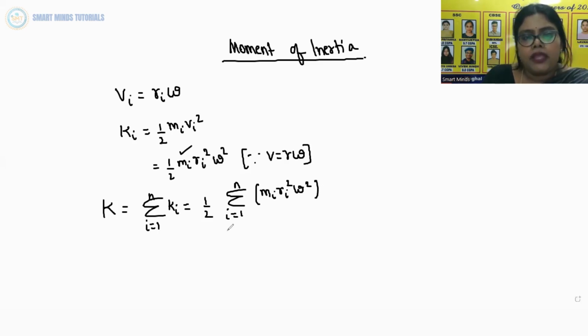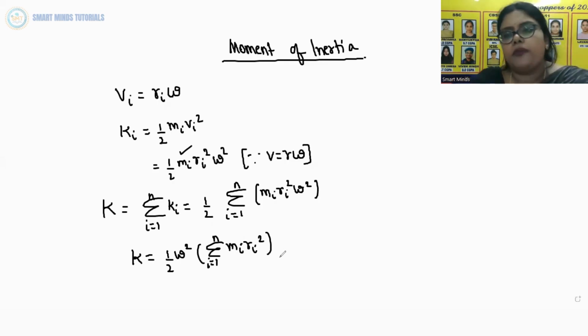Here n is the number of particles in the body, and note omega is the same for all particles. Hence we are taking omega out of the sum. So K is equal to half omega square into sigma i equal to 1 to n mi Ri square.